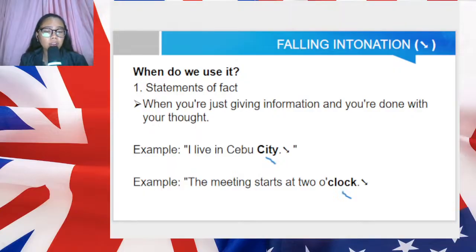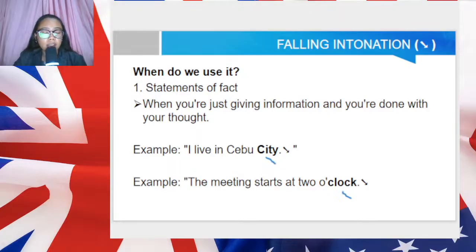In general, everybody, whenever you are making a declarative statement that you intend to be taken as complete, a certain piece of information, whether it's simply the sky is blue, my name is something, or I love to teach English, the falling intonation is your most natural and effective choice.